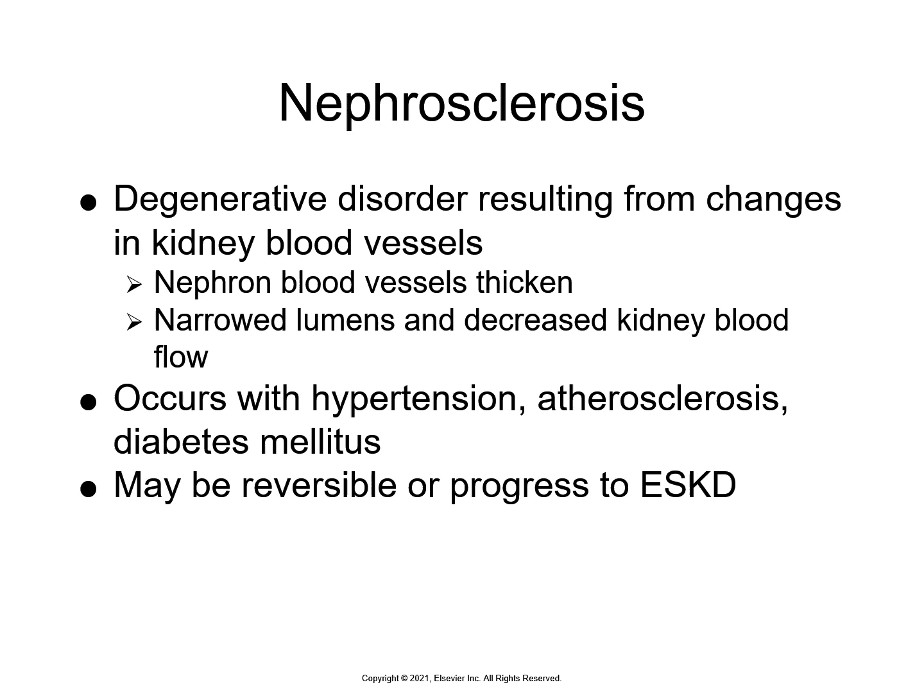Now let's talk about nephrosclerosis. This is a degenerative disorder resulting from changes in the kidney blood vessels. What happens is the capillaries are an integral part of the nephrons, and they're responsible for oxygenation.